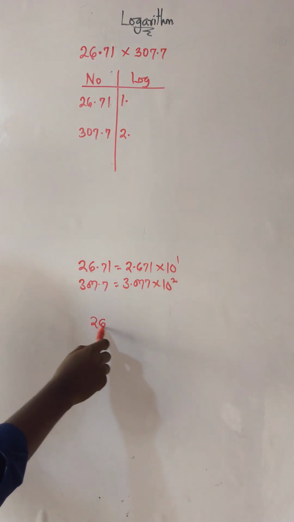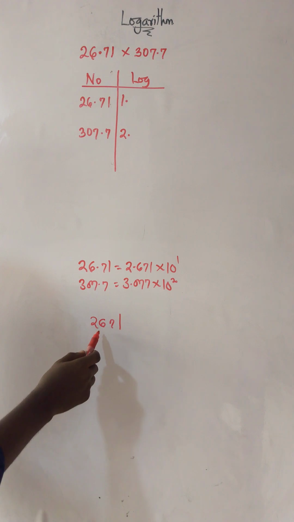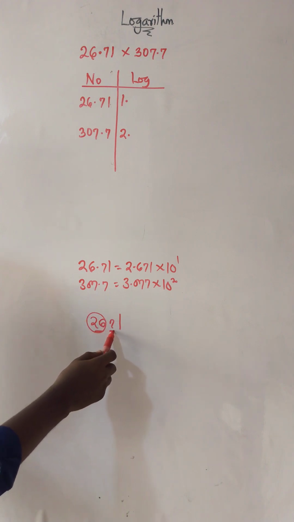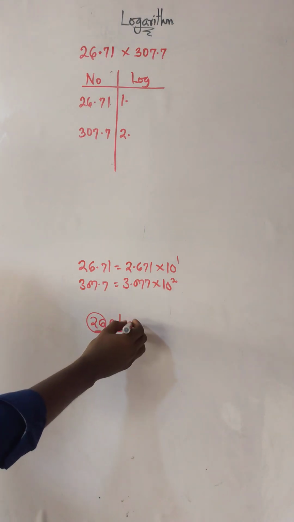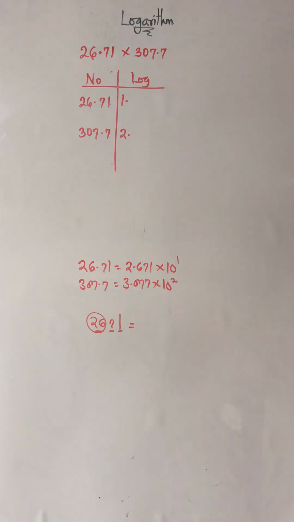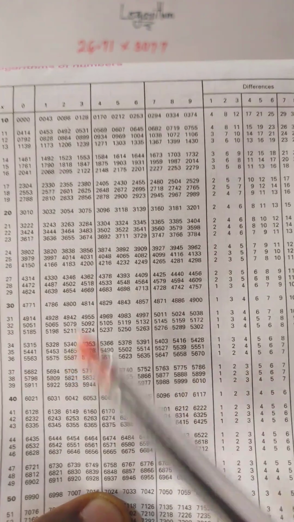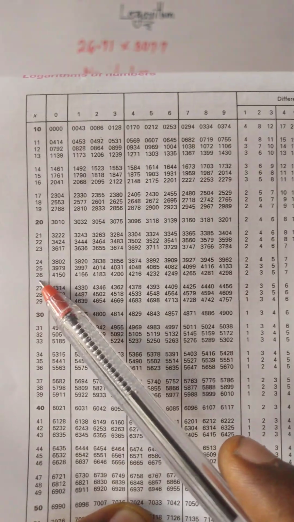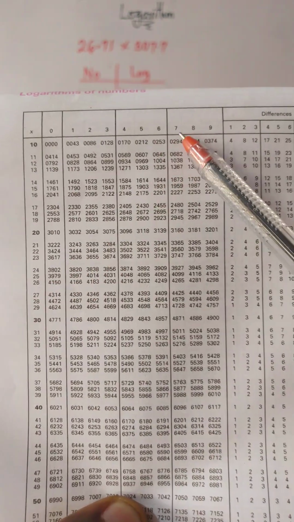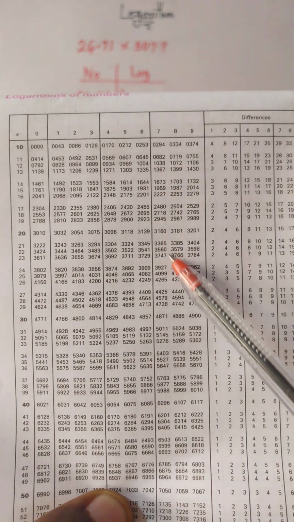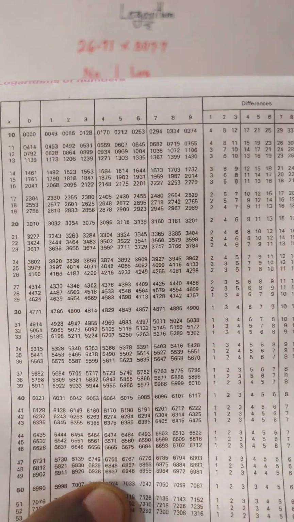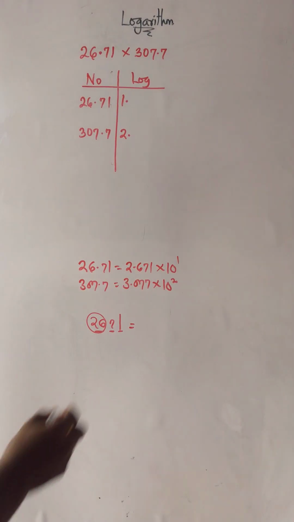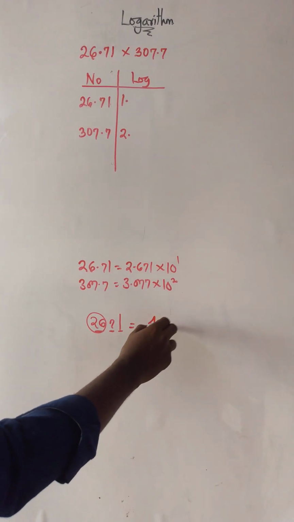So we have 2671. For the first 2 digits, you check 26 under 7, under difference 1. So this is 26 under 7, which is 4265.